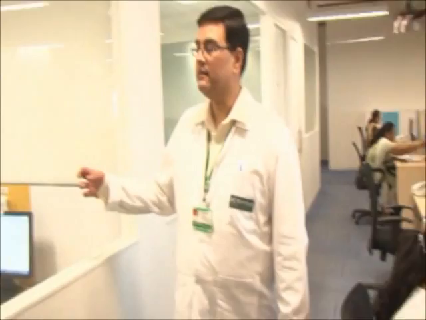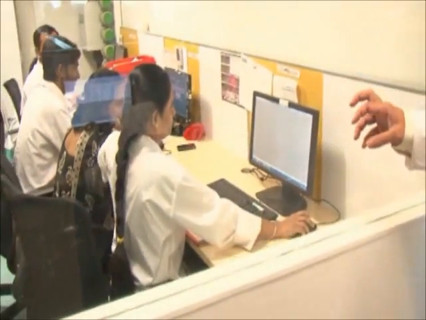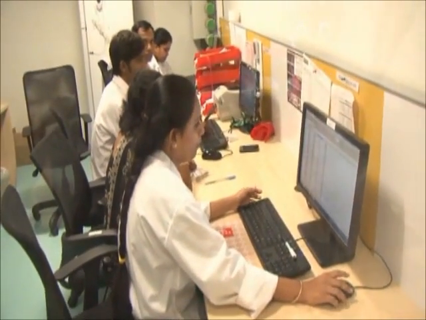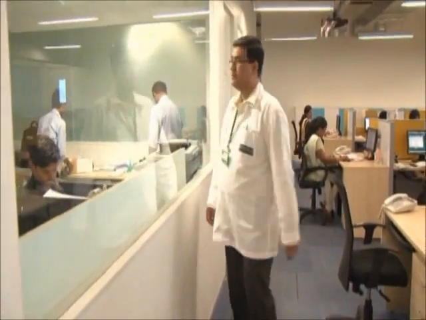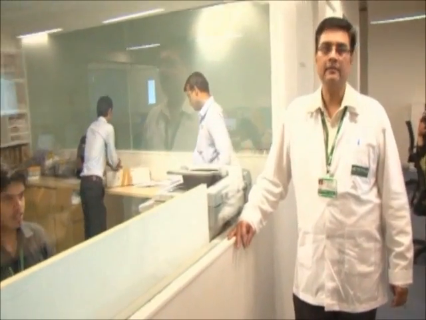Here you can see a separate room which is a dedicated CT accession room. So the CT samples are separately accessioned. This is the kit building area.